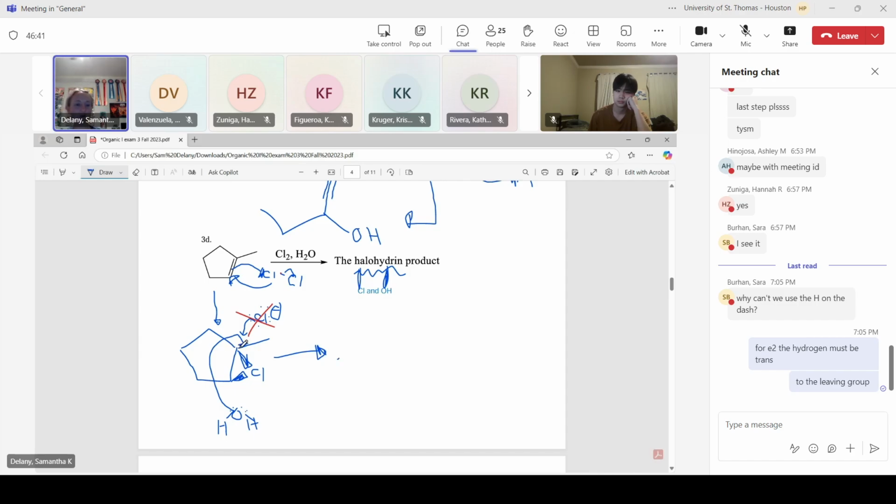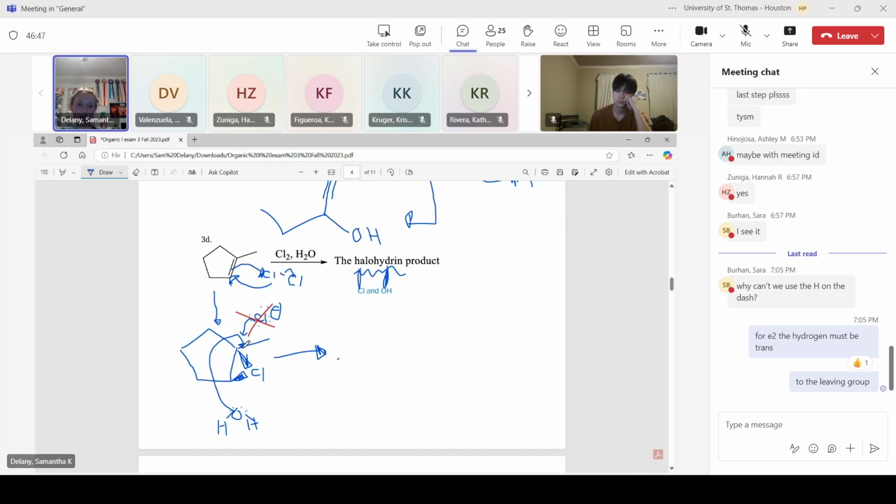So when water attacks the more substituted carbon, if we add a bond there, oops, carbon's got 5 bonds, so now we have to kick something out. And the easiest thing to kick out is this pitched tent chlorine. So we're going to give those electrons back to chlorine. So what we end up with is, now we still have the chlorine on a wedge down here, and we had to attack from the back because of that tent structure.